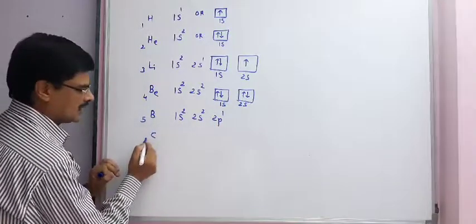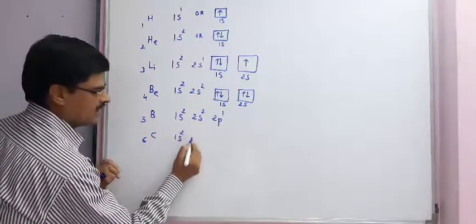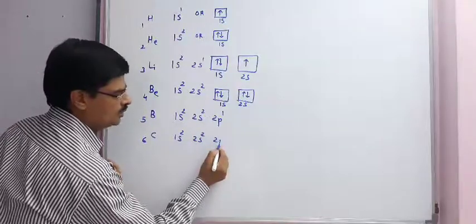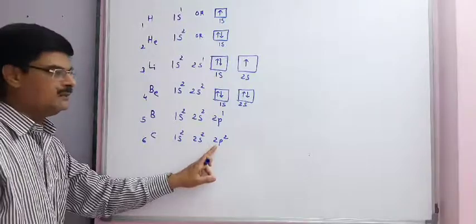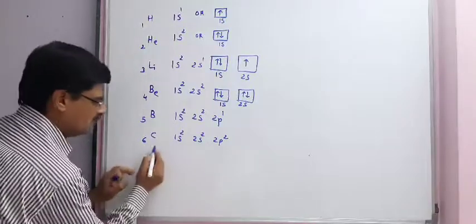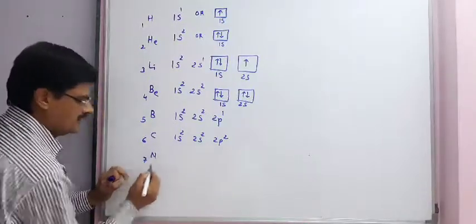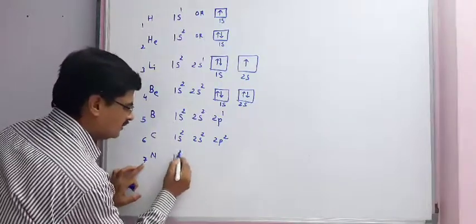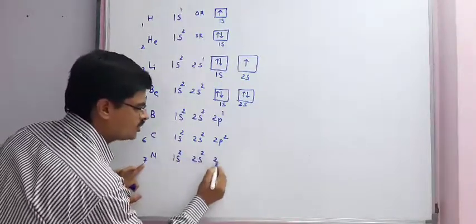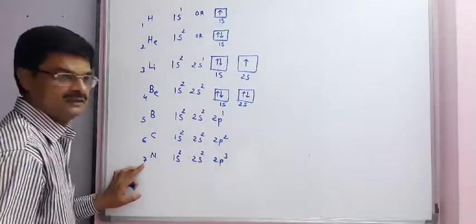After boron, carbon, 1s2, 2s2, 2p2, because the p orbital can contain maximum 6 electrons. Now nitrogen, atomic number 7, 1s2, 2s2, 2p3.